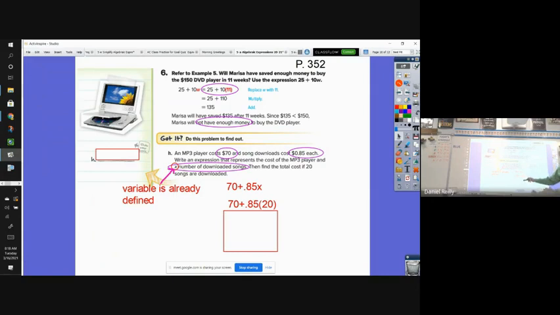You would use a calculator for that. Okay, that's $17 plus the $70 that you paid for the MP3 player. And the total cost then is $87.